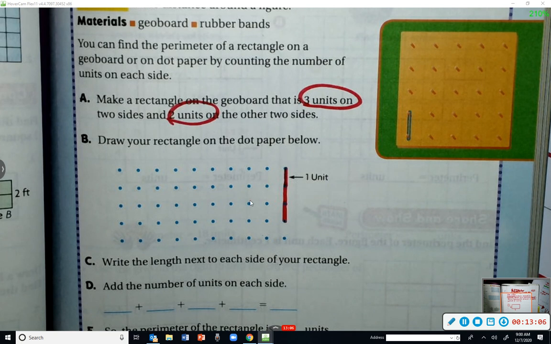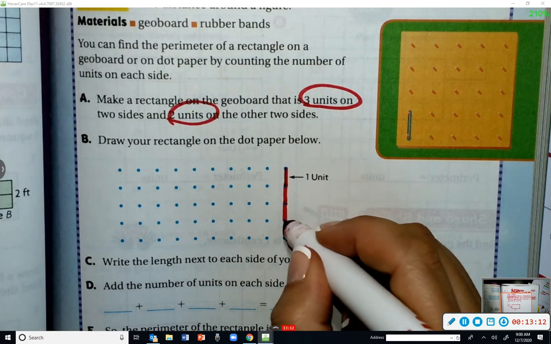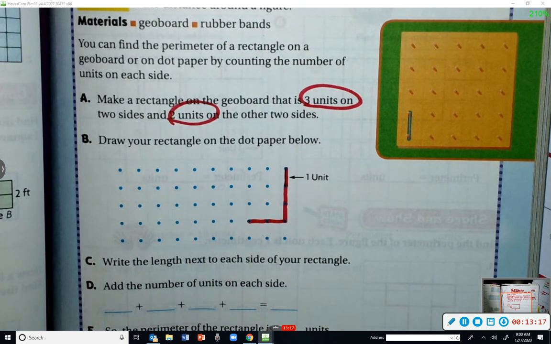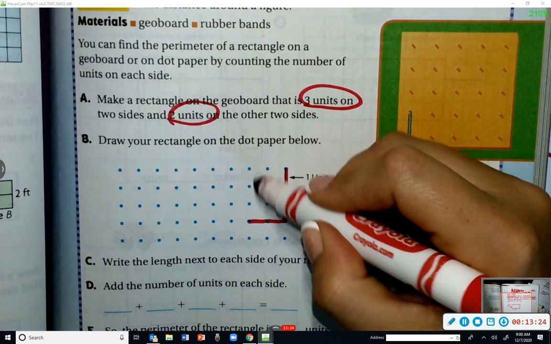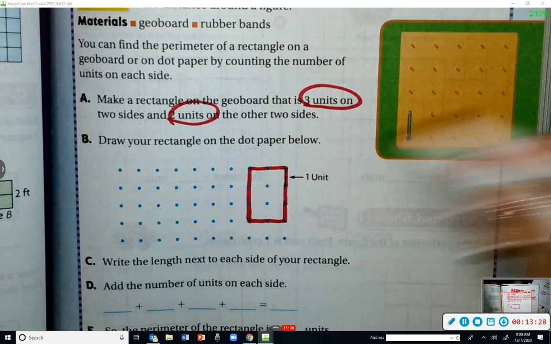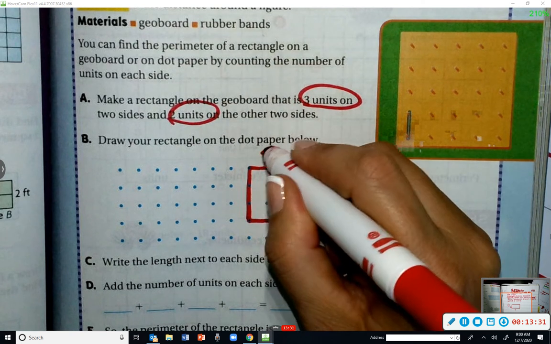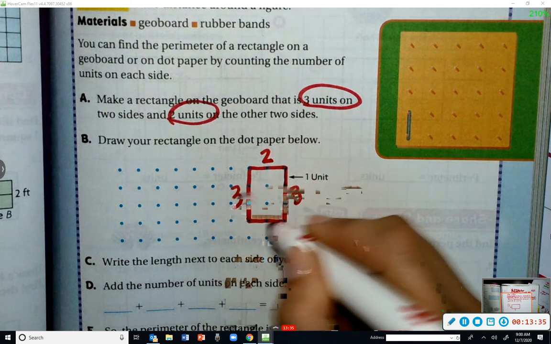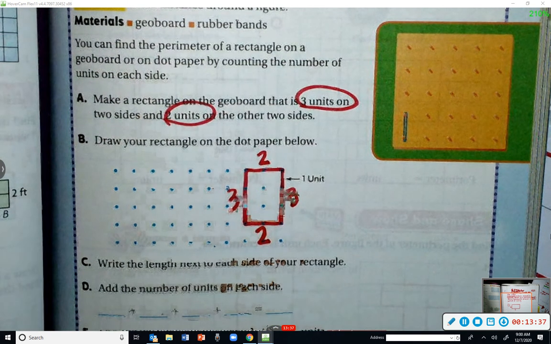So the next one I need to do is the 2's. I went down 3, I want to go over 2. So 1, 2. Now the rest should be easy. All we need to do is fill in and complete the rectangle. So this is 2 units, 3 units, 3 units, 2 units.